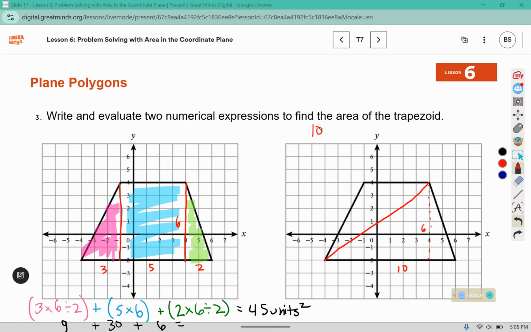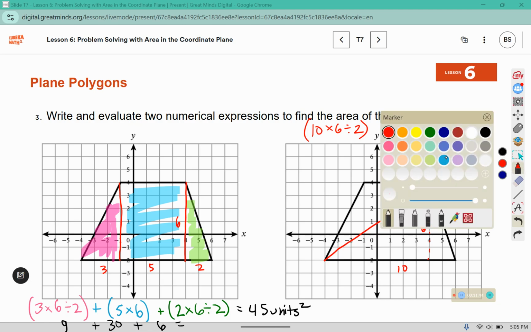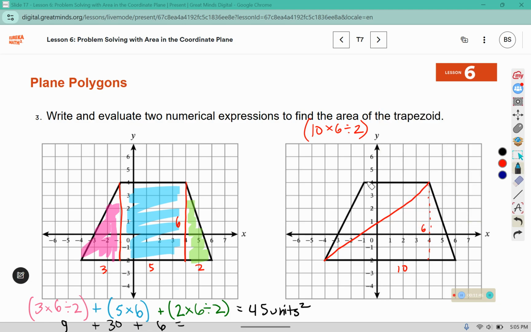So that is 10 times 6, and triangles get divided by 2. This triangle up here has a base of 1, 2, 3, 4, 5, and a height of 1, 2, 3, 4, 5, 6.